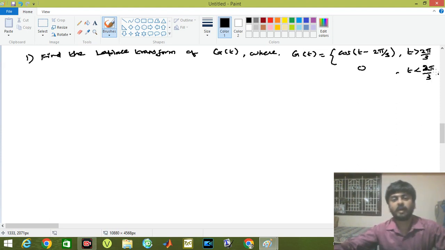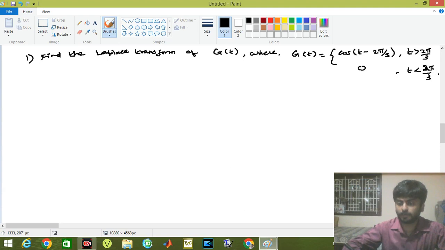So with this I am going to solve first without using the property. If I don't know the property, what will happen? I will use the splitting of intervals.